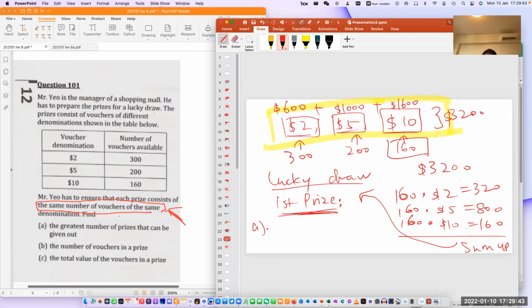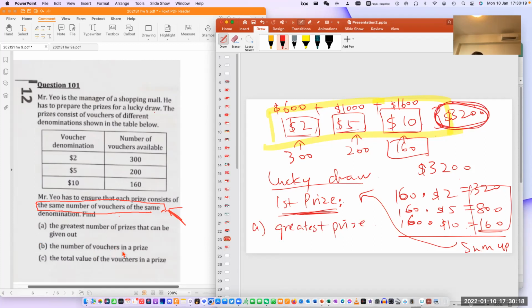So I am assuming part A is they want you to find the greatest price, which gives you the best monetary award. So you sum it up, that's the greatest price. Then the number of vouchers in a price, the total value of the vouchers in a price. Part C, I have figured it out. The total value of the vouchers in a price is this.